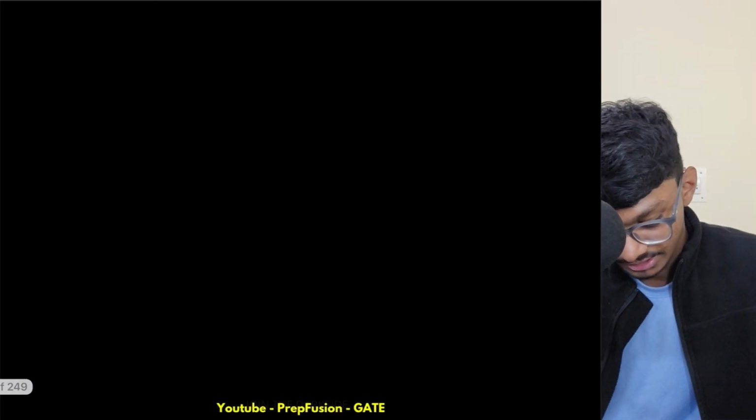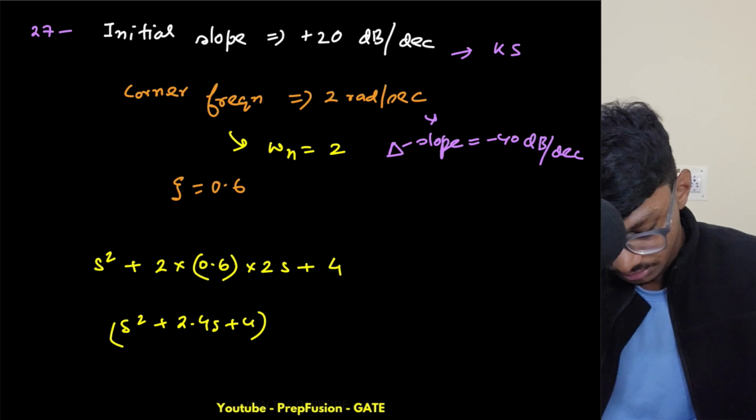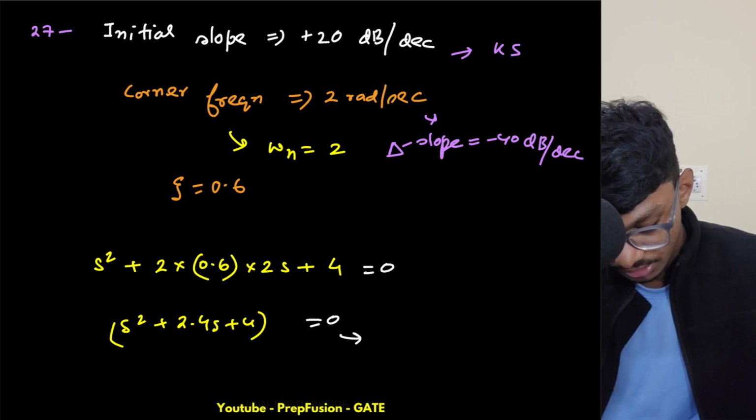Okay, so let's write the transfer function. So obviously the transfer function is k times s. Let me write this in the time constant format.